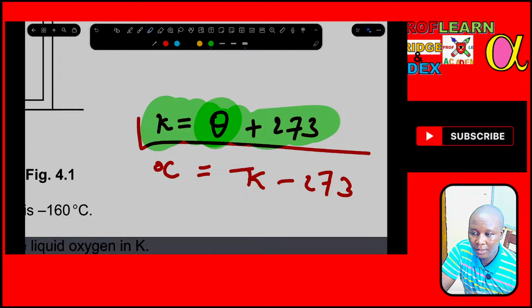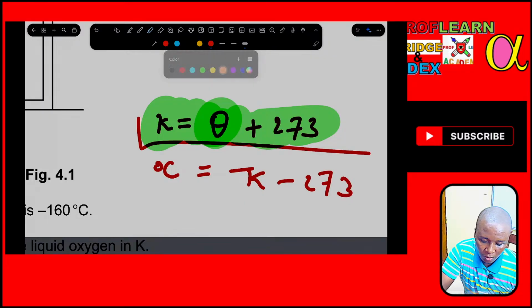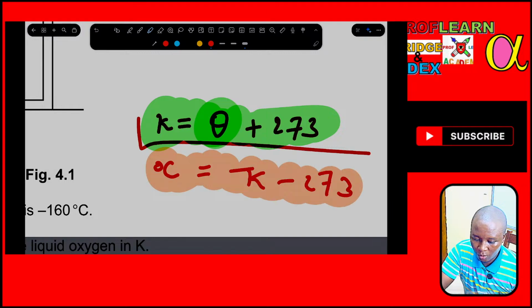Remember, 273 is the absolute zero temperature. At negative 273, the molecules of the object have zero kinetic energy. If you are given Kelvin and are supposed to convert to degrees Celsius, you need to subtract 273.